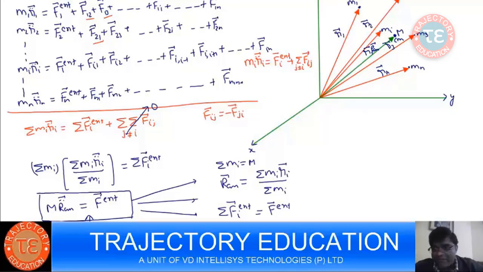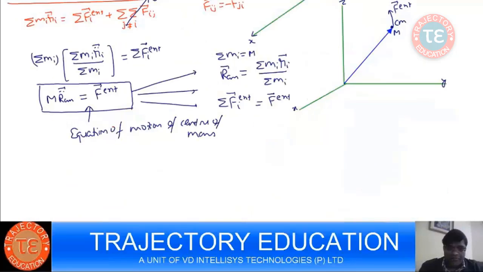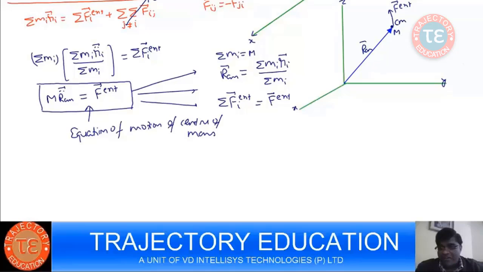So I'll just study this particle, with mass M, and the force acting on it is Fext. So this is the equation of motion of a particle whose mass is capital M, whose position is given by R_CM, and whose net external force is Fext.